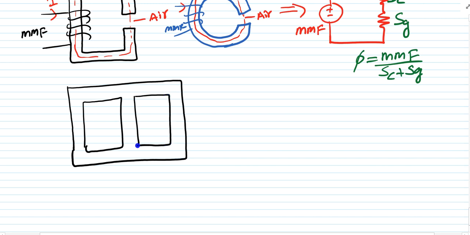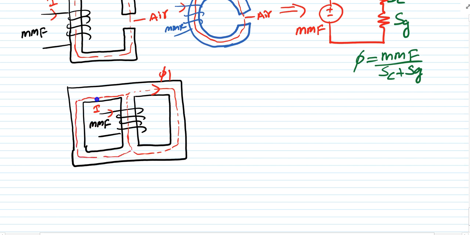Suppose you have this, this is the mmf, and this is the current flowing through it. Therefore this is the flux, but this flux is dividing here. One flux is going in this direction, which I can take as phi 1, and another flux is going in this direction, which I can take as phi 2. Here the total phi is phi 1 plus phi 2, isn't it?